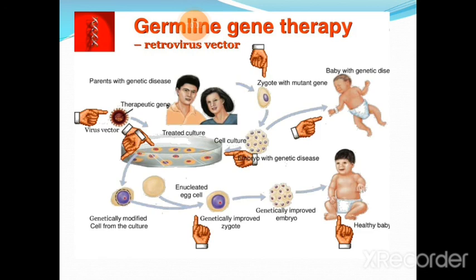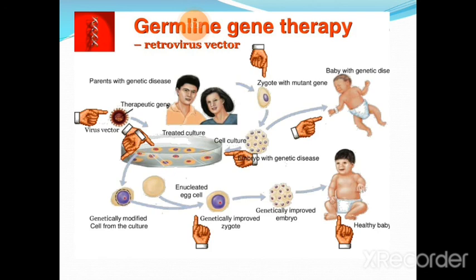This is the normal process. But what you can do is, at the blastocyst stage, that is, the embryo with the genetic disease, you can take the cells with bad genes and put them to culture. You can subject them to cell culture, you can treat them.